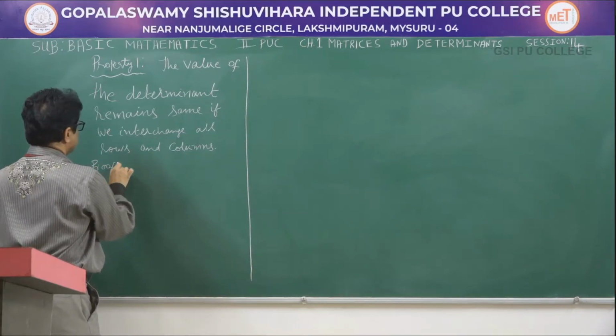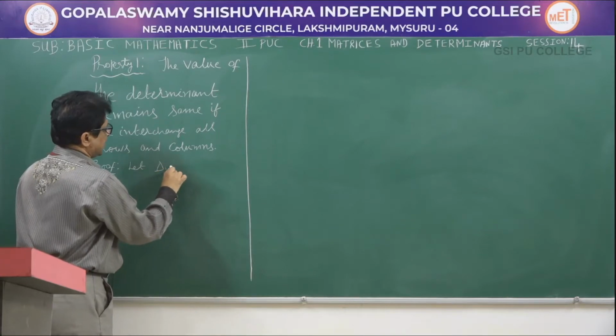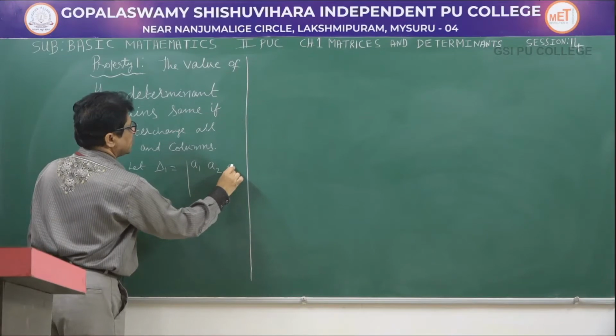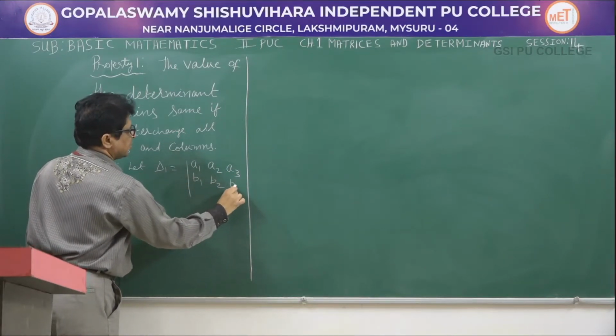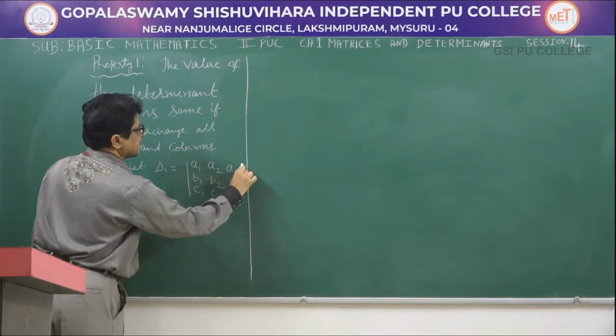Proof. Let delta 1 is equal to determinant of A1, A2, A3, B1, B2, B3, C1, C2, C3.